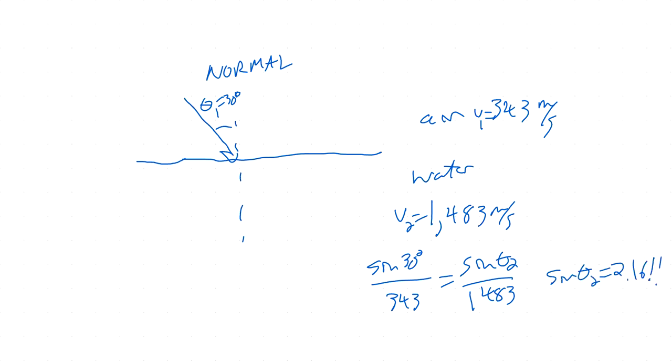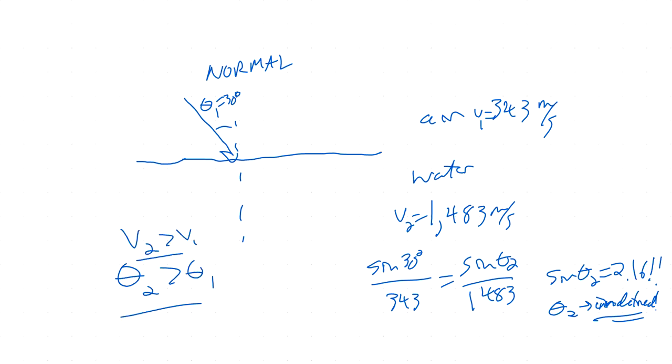So that means theta 2 is undefined. You can't have a sine of an angle be greater than 1. So what happened? Well, this refracted so much that theta 2 is bigger than theta 1, because the velocity got bigger. This got so big, the wavelengths got so large that there's no geometry that'll work. This is impossible.